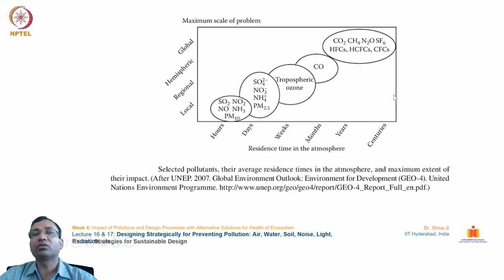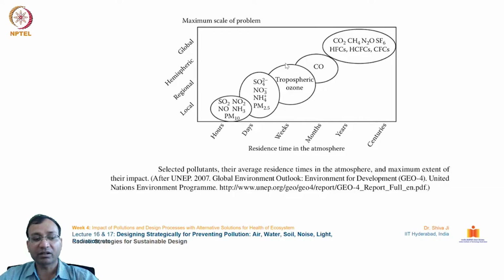Even the depletion of ozone is because of these CFCs. Such compounds can last in the atmosphere for several centuries, and they can affect the world at a global scale, the entire planet.